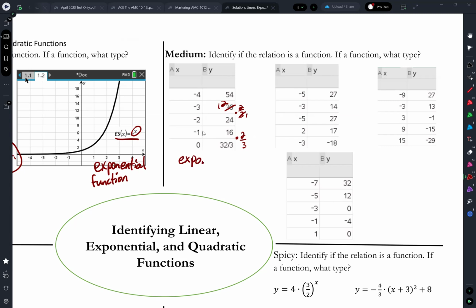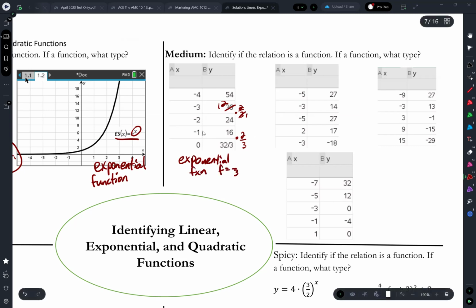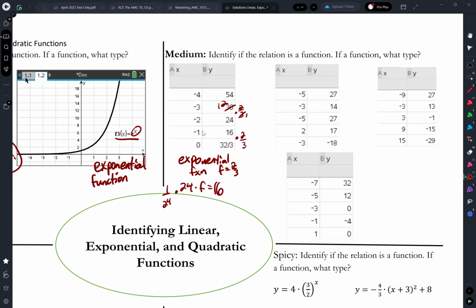It's got a constant factor of 2/3. Now, again, you could have taken that good old strategy of 24 times my factor equals the next value of 16. Use that reciprocal.